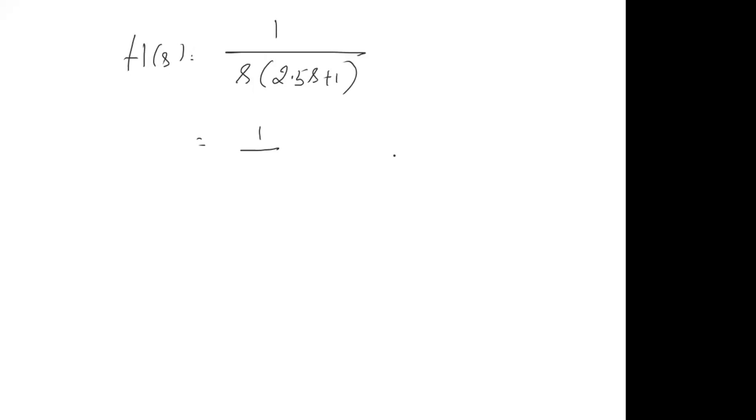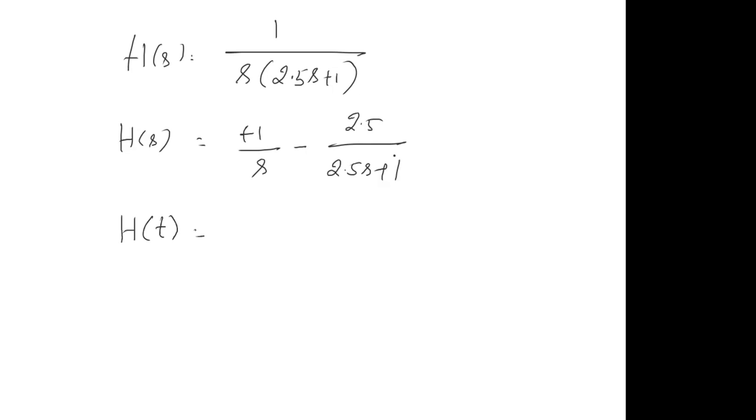How do you split this into partial fractions? It is 1 by s minus 2.5 divided by 2.5s plus 1. So this is your partial fraction, this is your H of s. Now what is H of t?